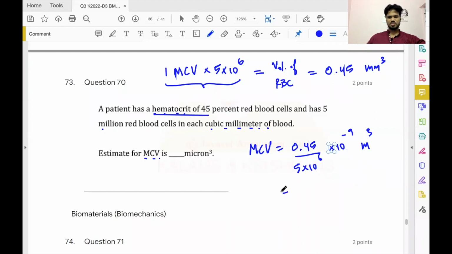And we have to convert this into micron cube. That is 10 power 6. Okay, 90 into 10 power minus 18 meter cube. So notice, this is 10 power minus 6 into 10 power minus 6 into 10 power minus 6. So giving 10 power minus 6 to each of the meters, we should get 90 micron cube. Okay, so the answer here is 90.